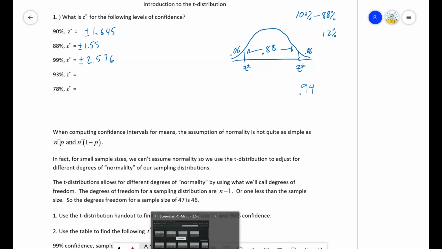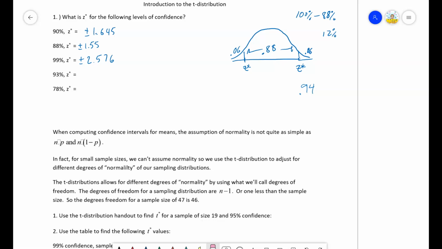Then when we want 93% confidence, we do the same thing. If we're talking about 93% inside this area, 0.93, then what's left is 0.07. Divide that by 2. And I think that's the easiest way to go about it. So we would do inverse norm of 0.035 or 0.965.